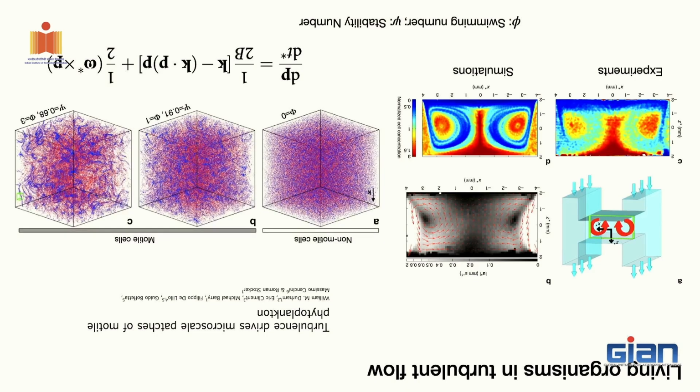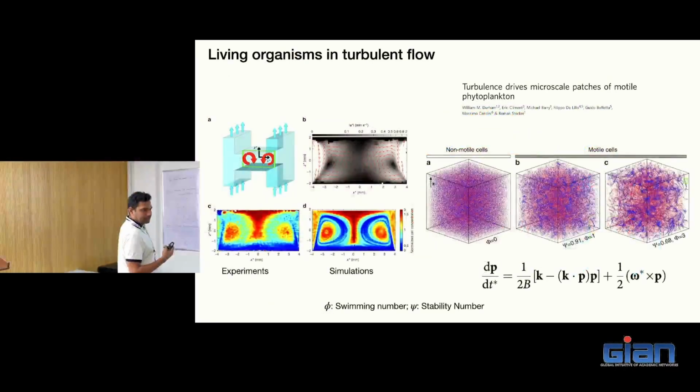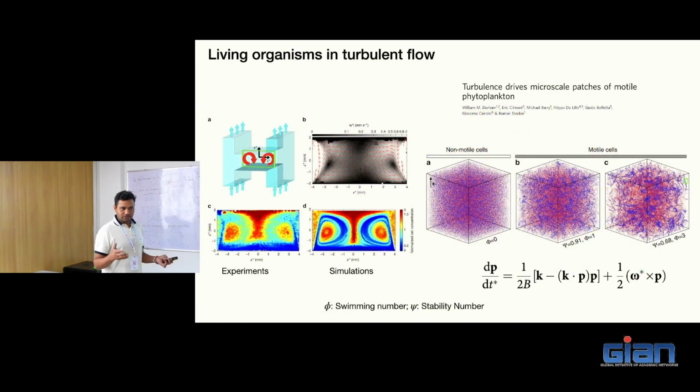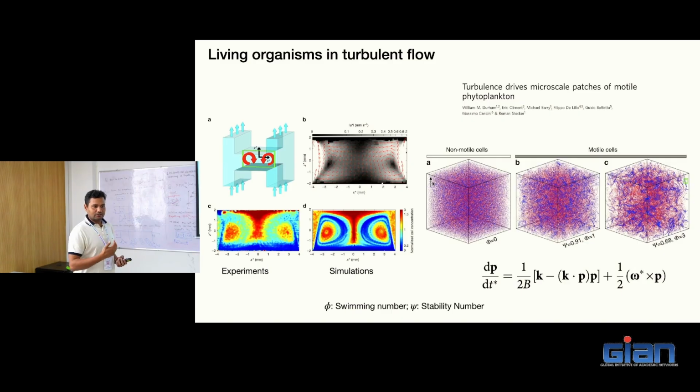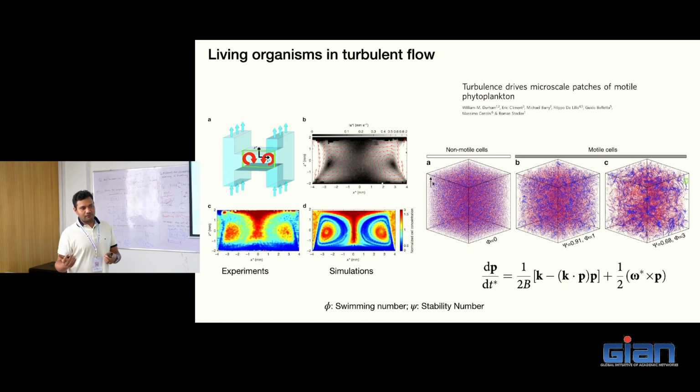By swimming number, we mean the activity of these agents. If there is a swimmer, it will have its inherent velocity, and of course if it moves in a flow, the flow has a characteristic velocity. The ratio of these two, how fast you are swimming compared to how fast the flow is moving, is going to give you the swimming number. So there are two control parameters in this setup.